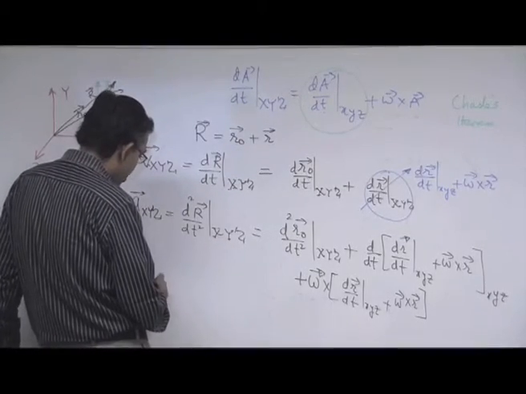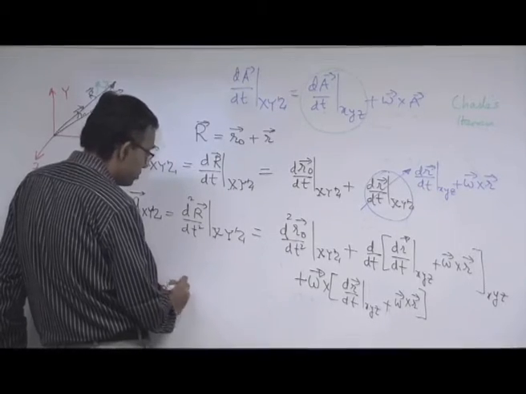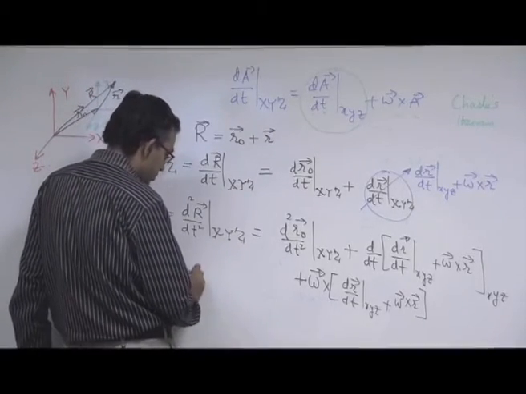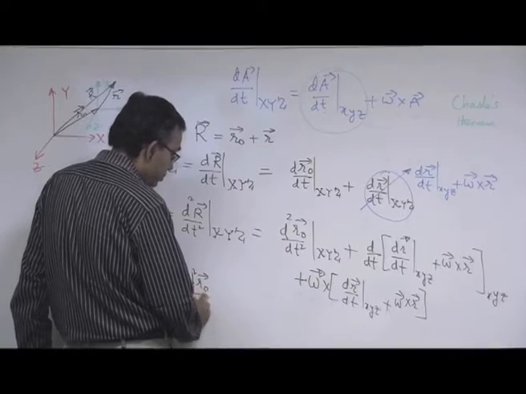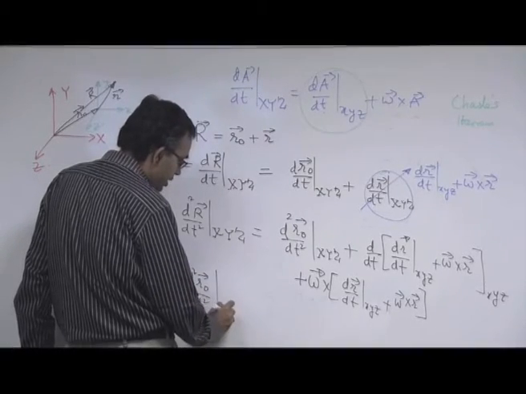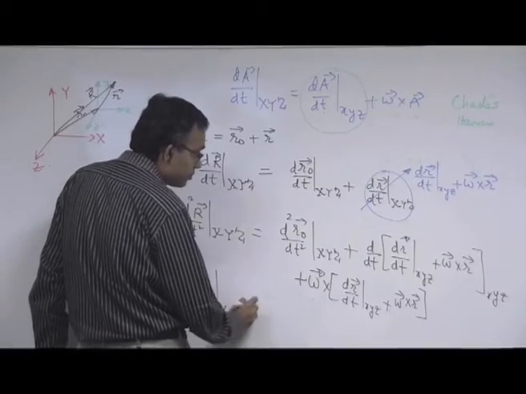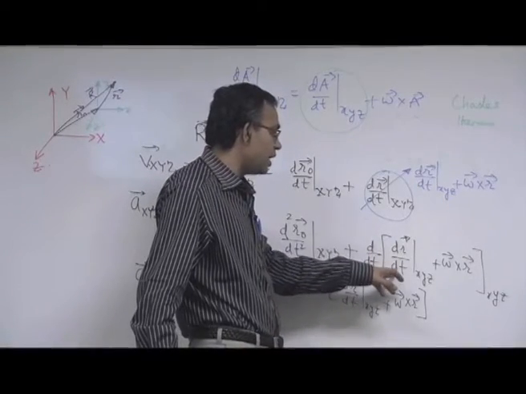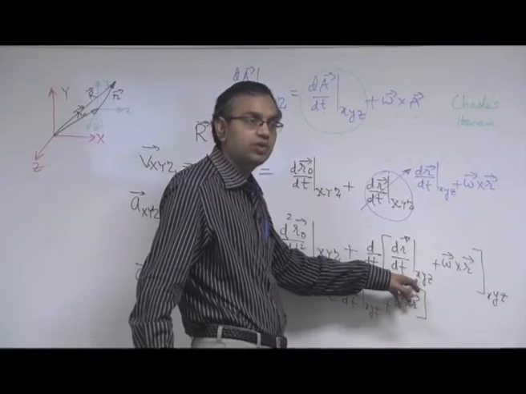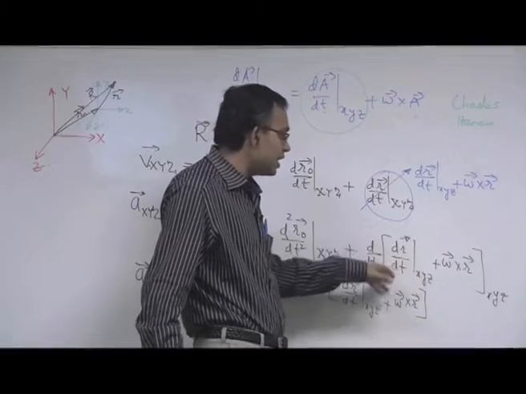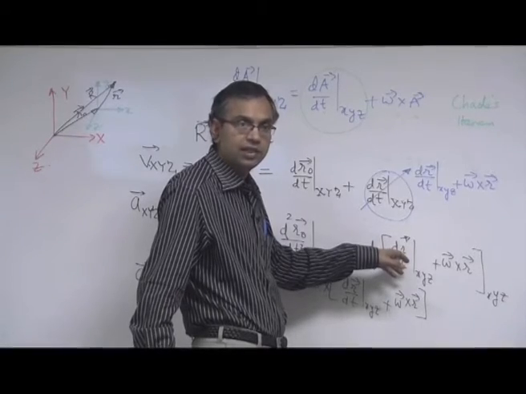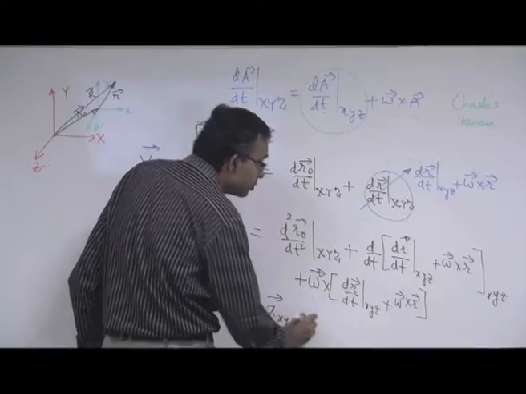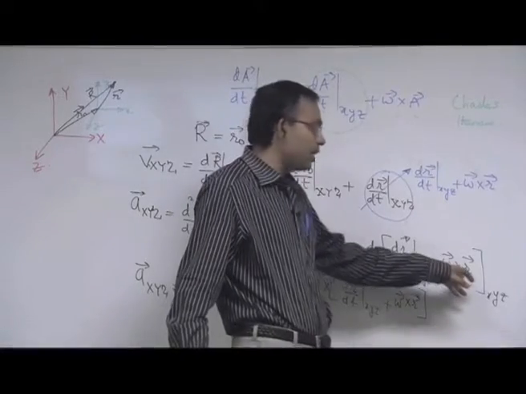So A in capital XYZ is equal to this in capital XYZ, plus, what is d/dt of dr/dt in small xyz? This is acceleration with respect to small xyz. The second derivative of the position vector with respect to small xyz is acceleration with respect to small xyz. Plus d/dt of omega cross r, what is that?